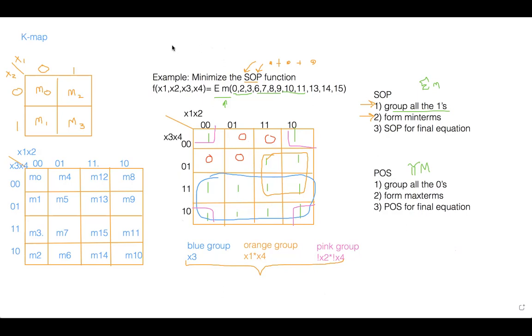So the SOP is going to equal x3 plus x1 times x4 plus, and then our x2 and then a not times x4 not. And so that is our sum of product right here, you guys. And that was how we got it.